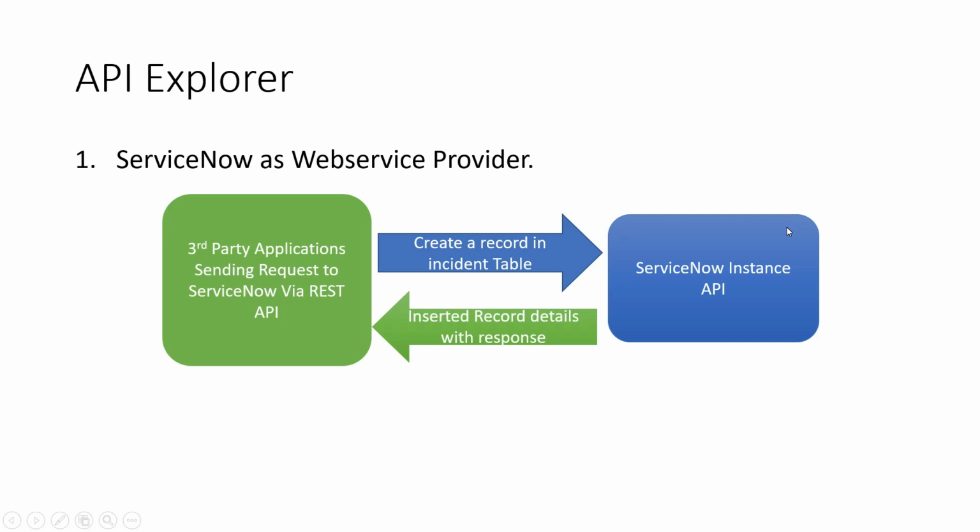Then the ServiceNow instance will give a reply to the third-party application. That is called a response. So is it inbound or outbound? Third-party applications send the request to the ServiceNow side, so it's inbound. That is called inbound.